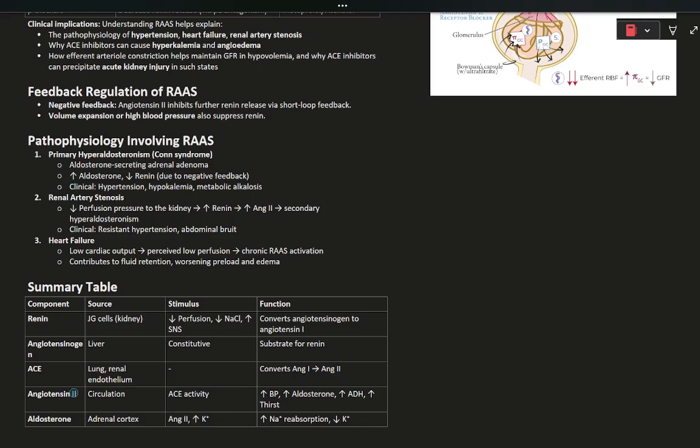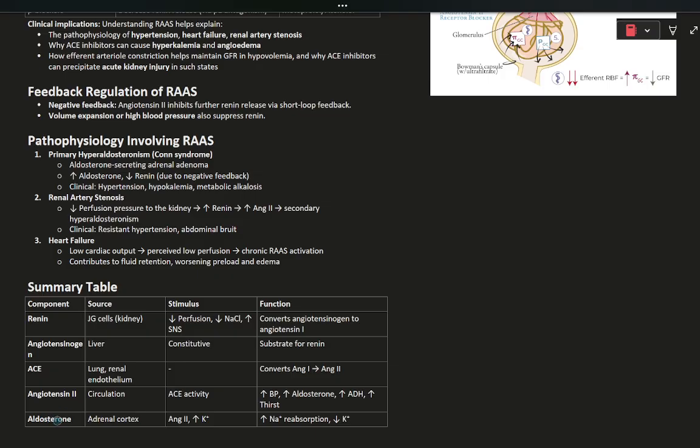And then angiotensin II will be present in circulation of the serum or the blood. And angiotensin II will lead to increased blood pressure, increased aldosterone, increased antidiuretic hormone, and increased thirst sensation.